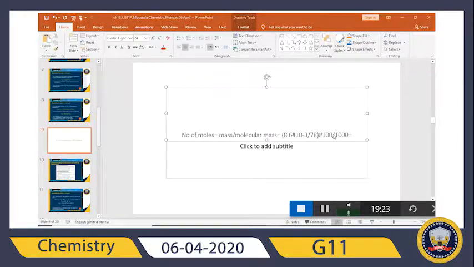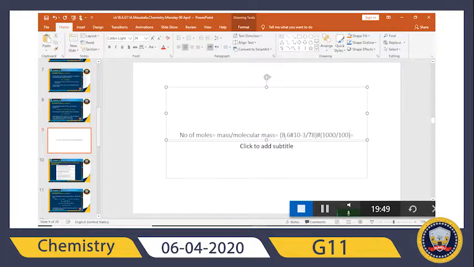Sorry guys, you will multiply by 1000 over 100. You multiply all these values with this value.